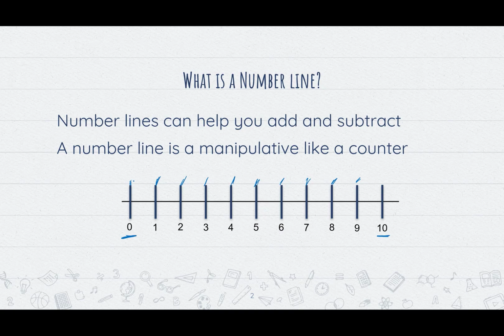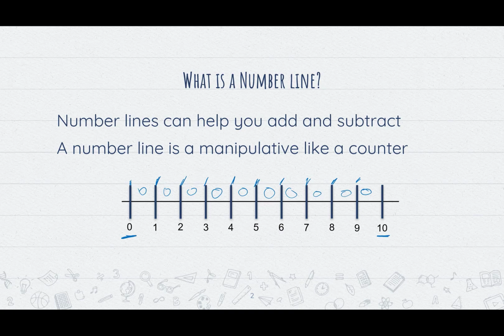So if we count, we can say 1, 2, 3, 4, 5, 6, 7, 8, 9, 10. So basically, you're counting the spaces between the numbers. That's why you start at 0. So you have 10 spaces that you can count.